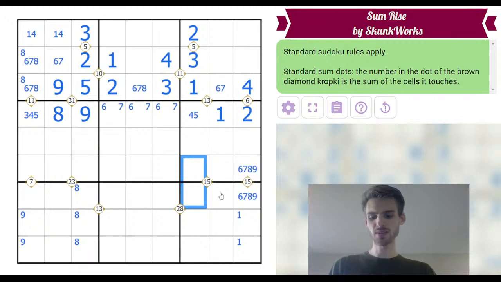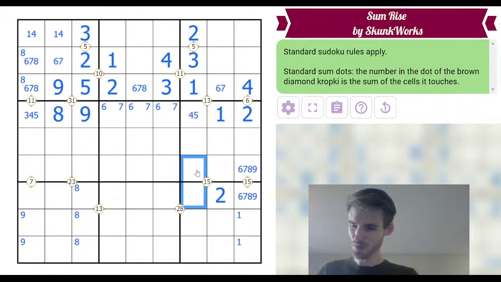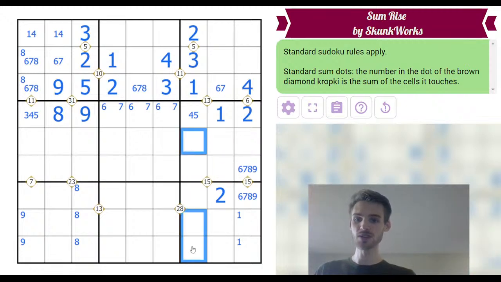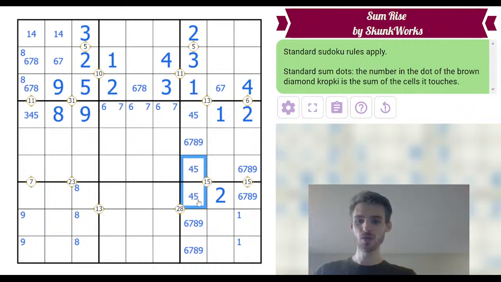So this is actually really constricted. So there's almost certainly a 4 or 5 in here. If there isn't a 4 or 5 in here, then it's 6 plus 7, which is 13, plus 2 is 15 already, and we haven't added this cell, which is at least a 3. So there's a 4 or 5 in here, so these 3 cells are 7, 8, 9. 6, 7, 8, 9. There's a 4 or 5 in here with what?